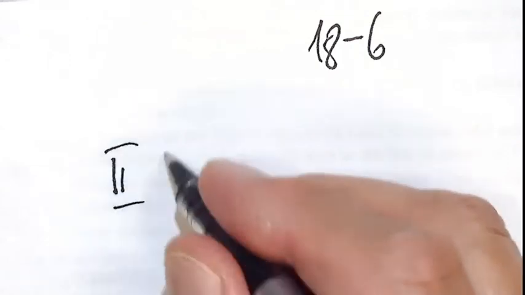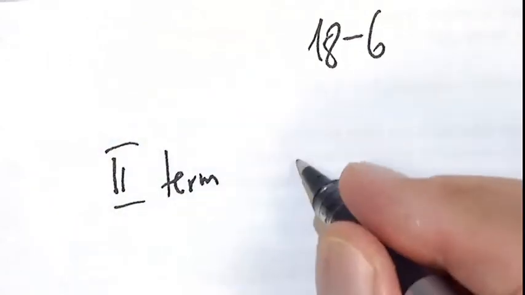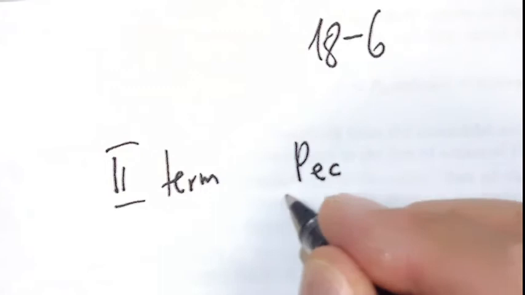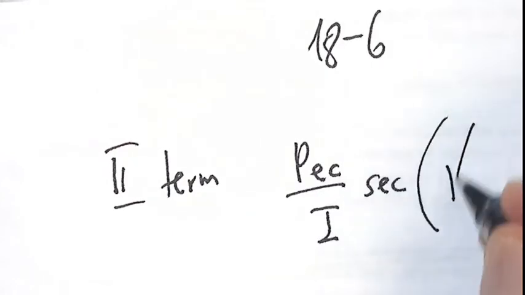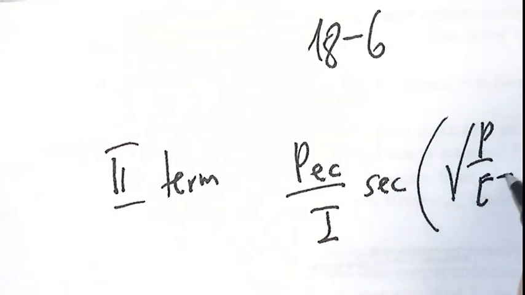Look please, we have the second term: P e c over I, secant of square root of P over EI times L over 2.